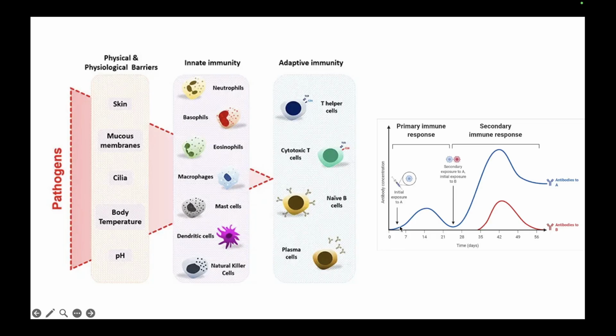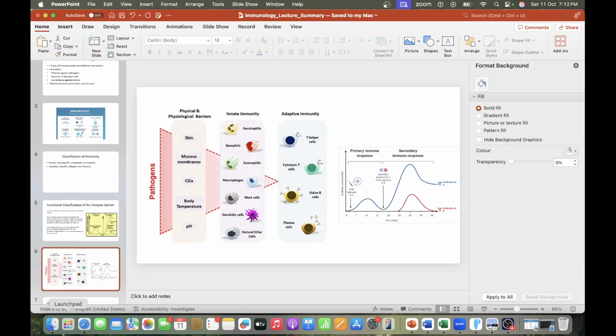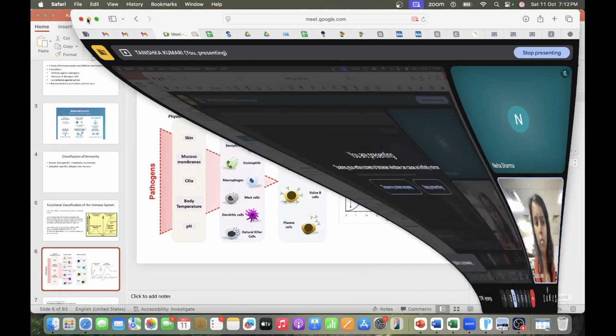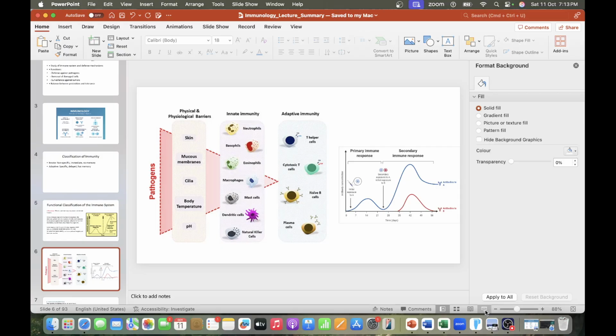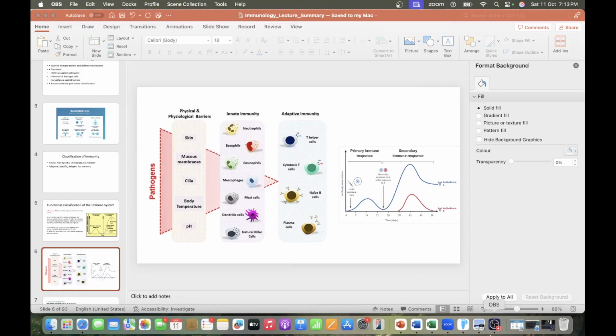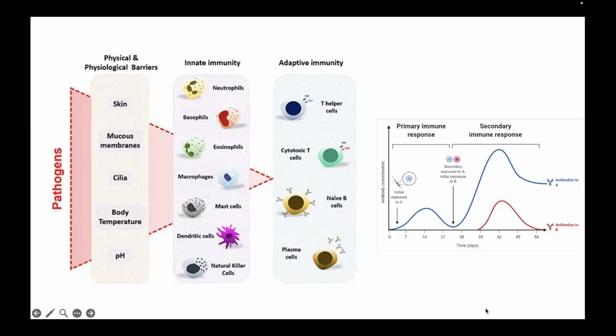So here you can see the primary immune response: initial exposure of antigen A. This blue graph shows the primary response, delayed. Again when there is a secondary exposure of this antigen A, now you can say there is a heightened response, more antibody concentration against antigen A.